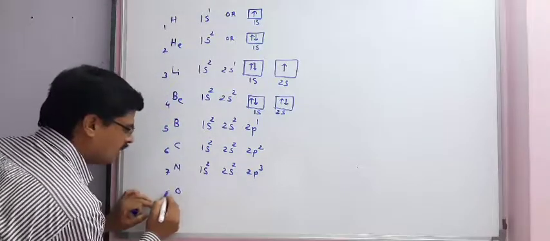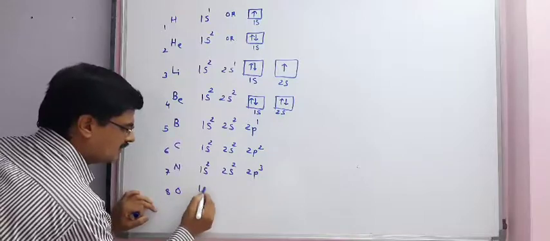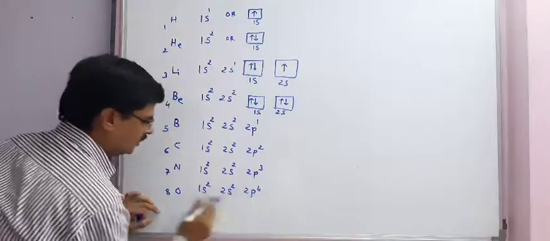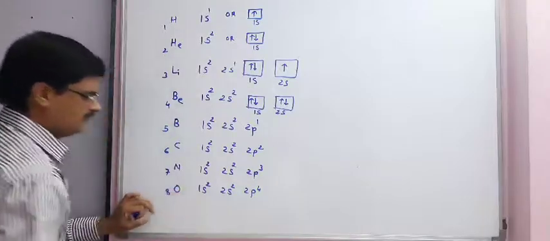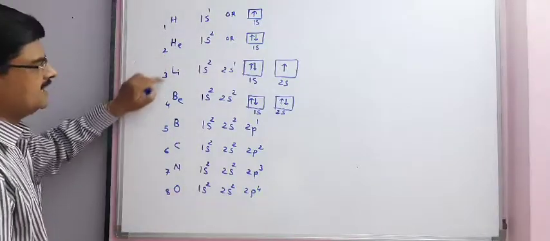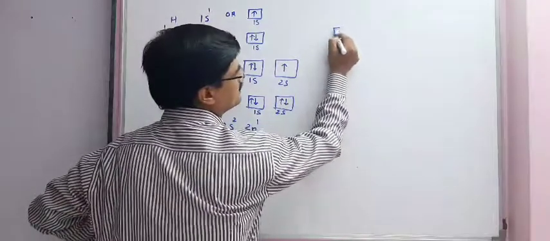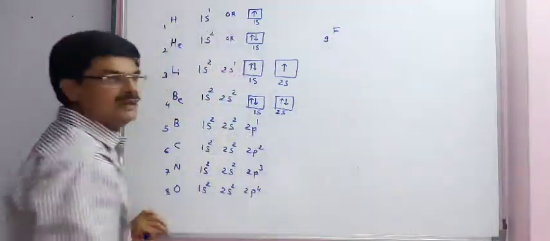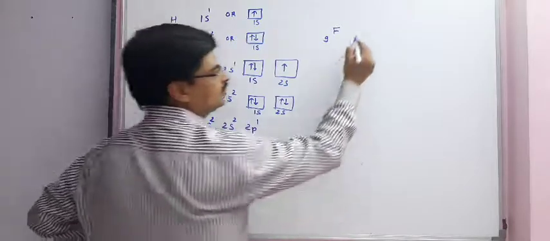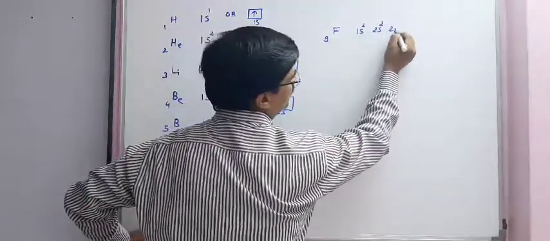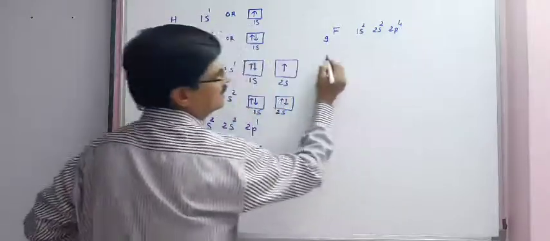After nitrogen, oxygen, 1s2, 2s2, 2p4. Now fluorine, atomic number 9.